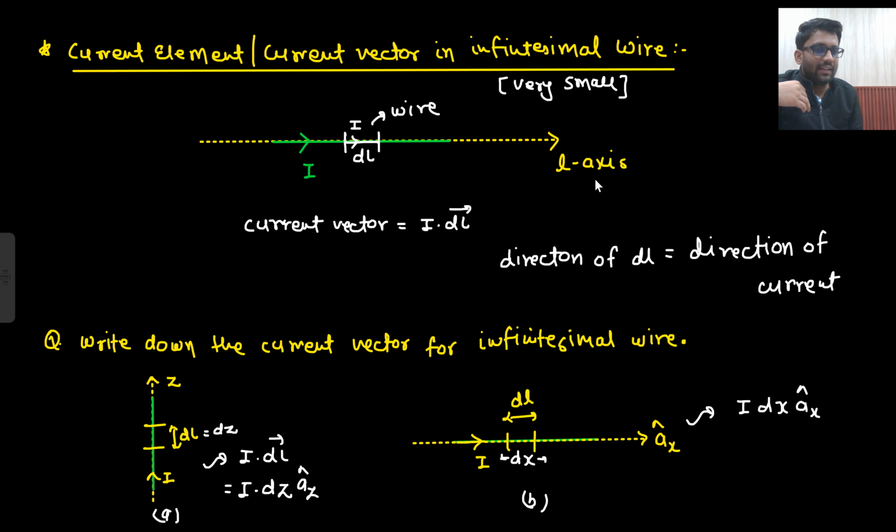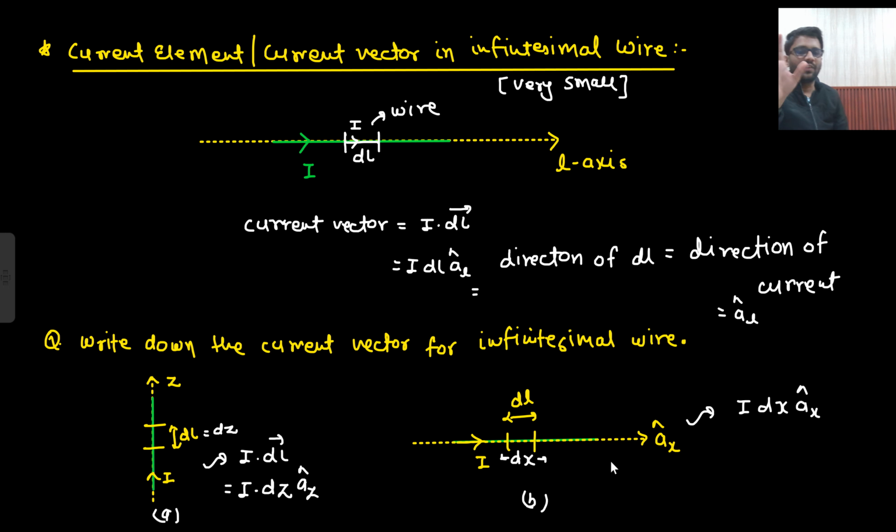When it was placed along the z axis, I took the small portion to be dz. Here dx, and the current is flowing in ax cap, az cap, and in general al cap. So I could have defined this current vector as I dl al cap.